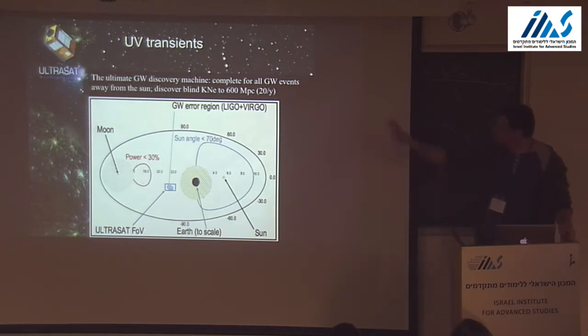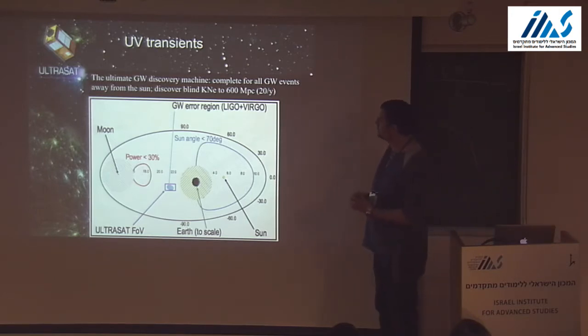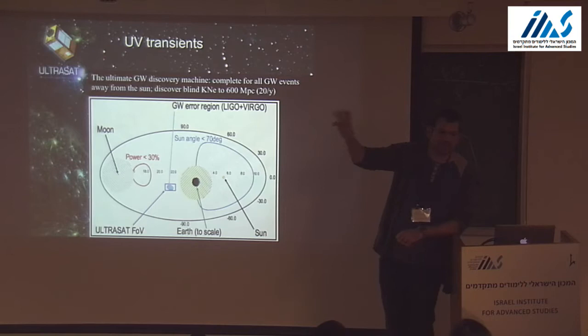So Ultrasat can find all of the GW events up to 600 megaparsec based on the emission from this one easily. We will have an all-sky coverage with Ultrasat as reference, so we only have to go there, see if there's something new, and that's it.